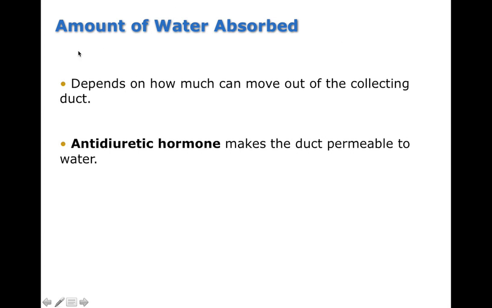Now, the amount of water that's reabsorbed depends on how much can move out of the collecting duct and back into your kidney tissue fluid of the medulla. And we talked about how this is dependent on antidiuretic hormone, or ADH. We learned earlier that antidiuretic hormone comes from the posterior portion of the pituitary gland, and it's a neuropeptide that's secreted into the bloodstream.